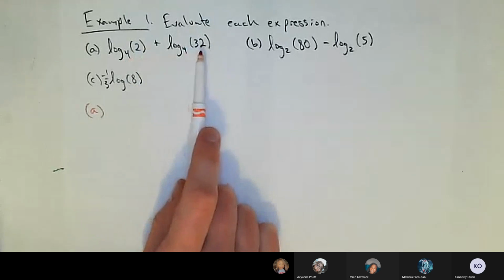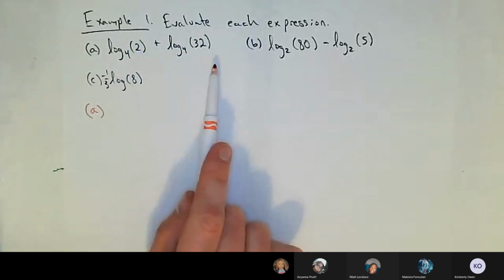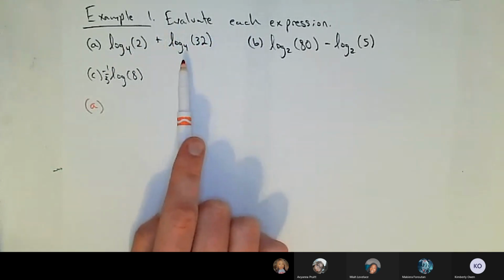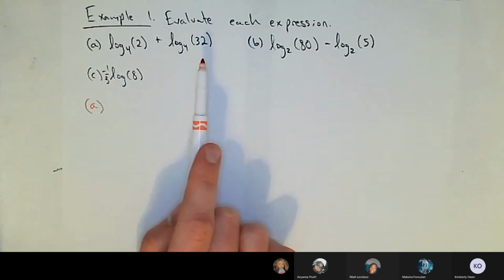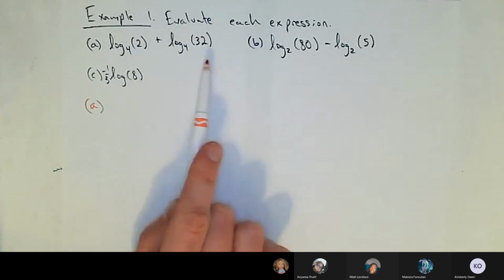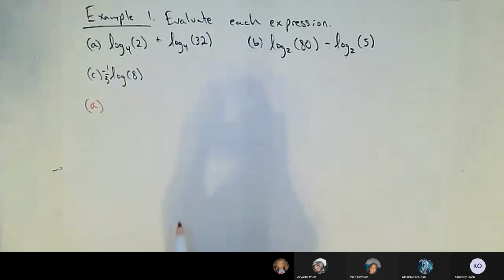And over here, 4 raised to what power is 32? So neither of these is going to be a whole number. This would be fractional, and this would be fractional as well. So we don't want to deal with that. So maybe we can combine them, and then the log will be easier to evaluate.